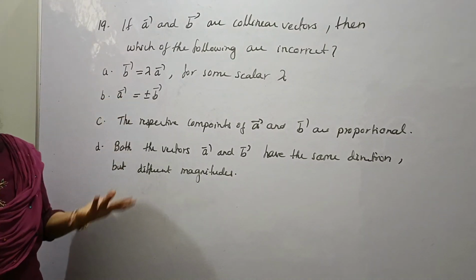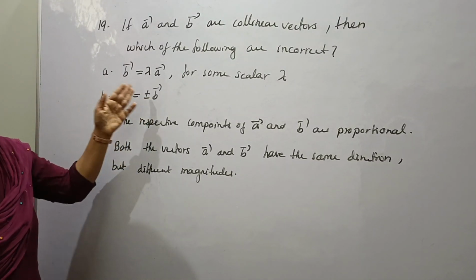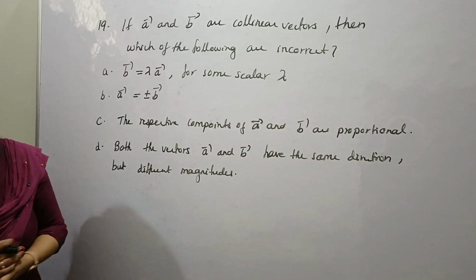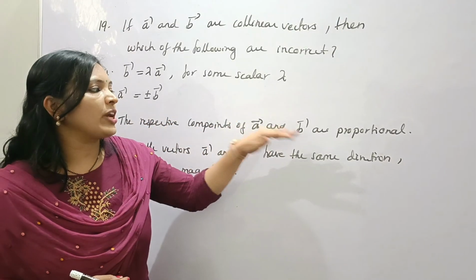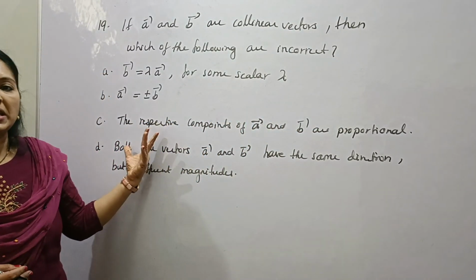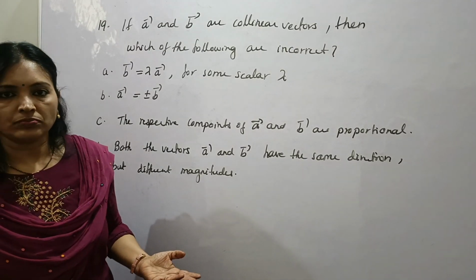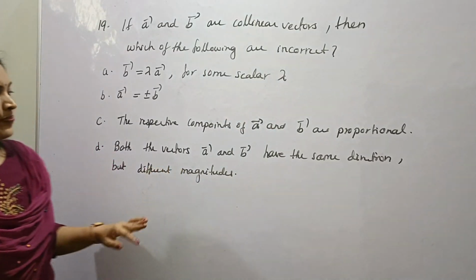Vector A is equal to plus or minus vector B. Here also vector A is a scalar multiple of vector B, where lambda can be positive or negative. And here the respective components of vector A and vector B are proportional. The same meaning, right? So here also vector A is a scalar multiple of vector B. Therefore here also vector A and vector B are collinear vectors.